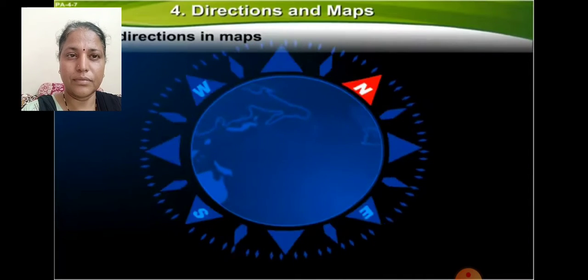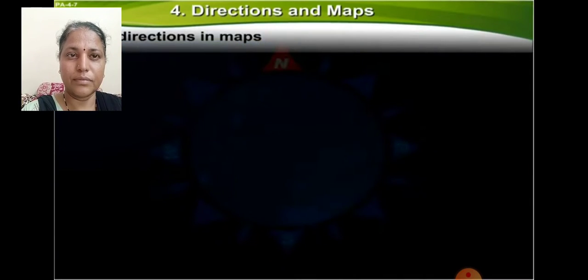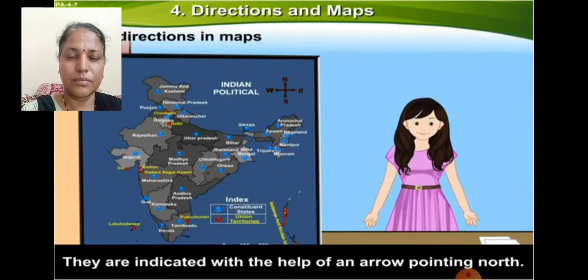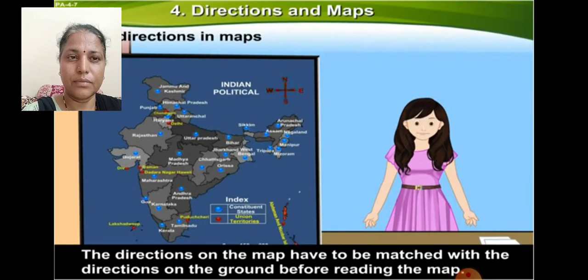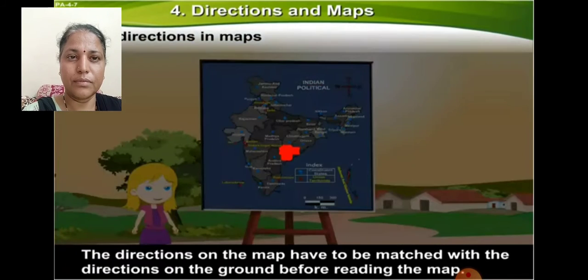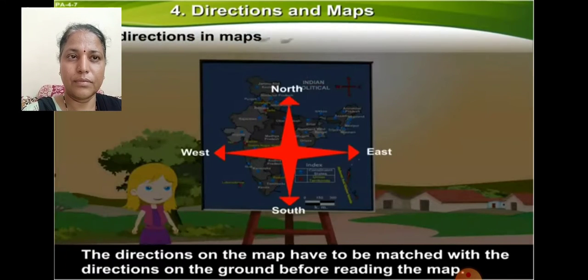Use of directions in maps. In a map, directions are always shown. They are indicated with the help of an arrow pointing north. The directions on the map have to be matched with the directions on the ground before reading the map.